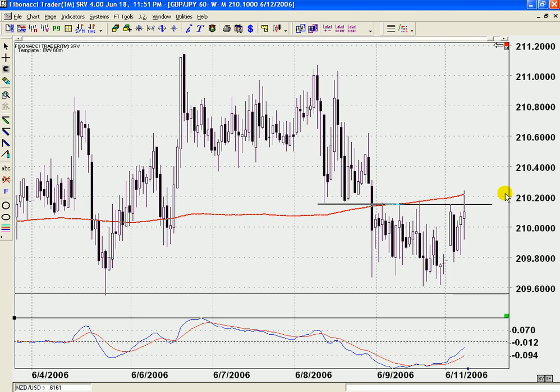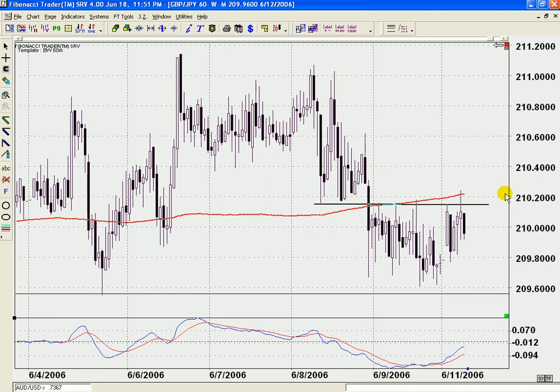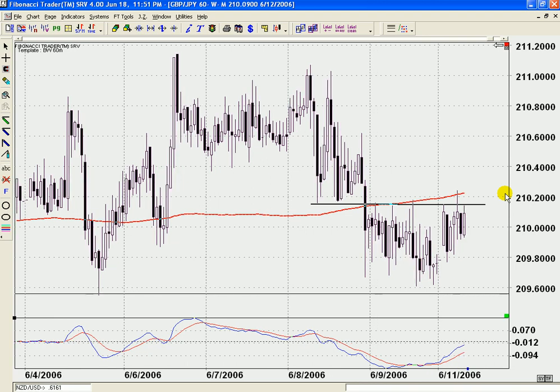Spiking above 210.20. Now we need to see this thing start to move above and hold above. If we looked at this trend on a smaller time frame, we would see that price is looking like it wants to break out above 210.20.